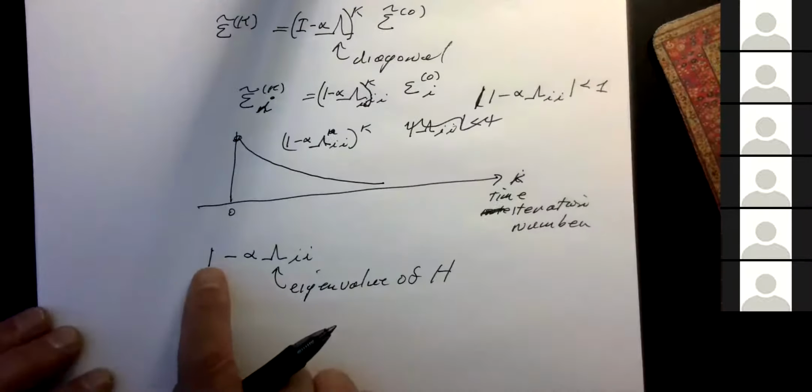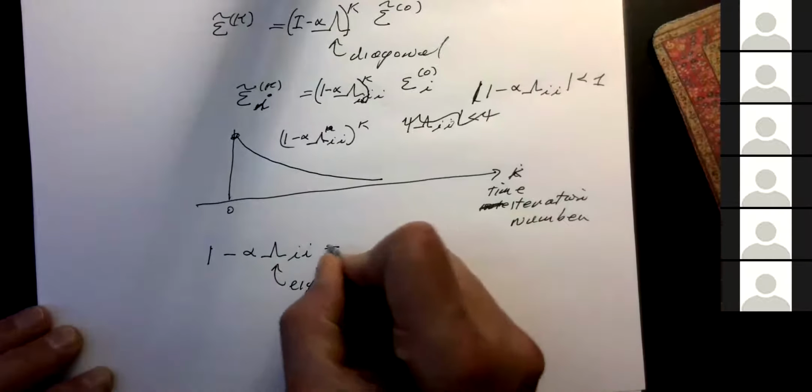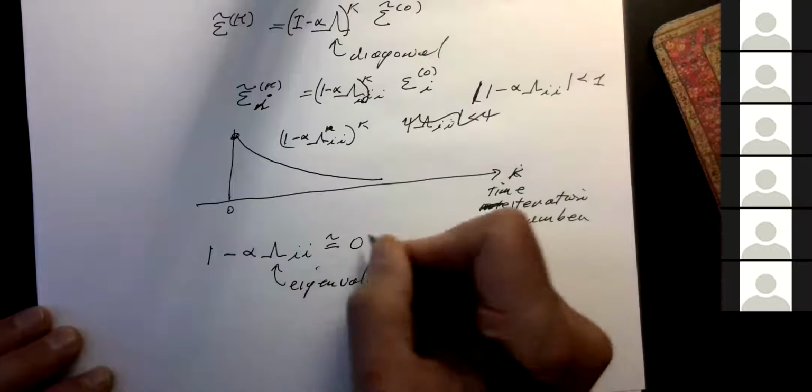In particular, you want 1 minus alpha times those eigenvalues to be approximately equal to 0. This is what you would like.